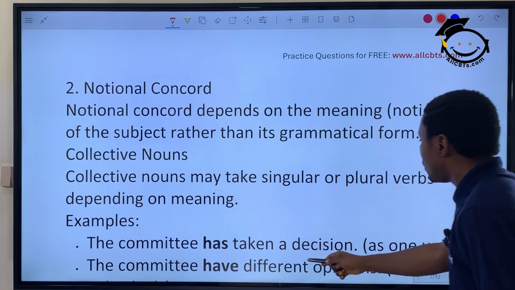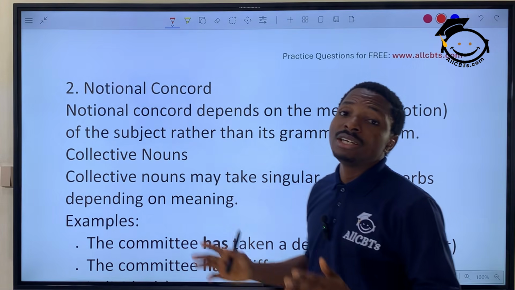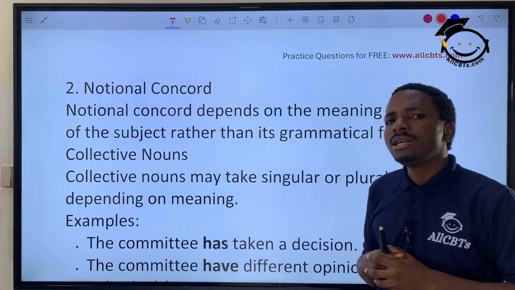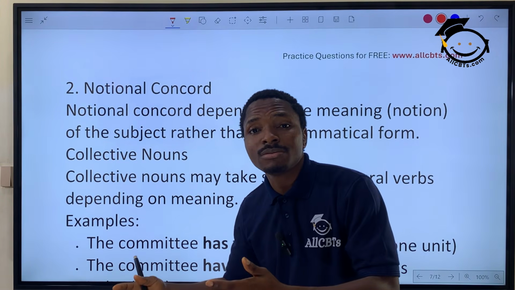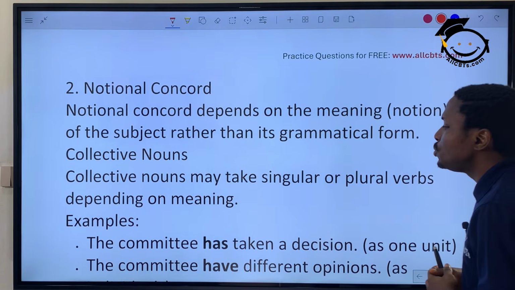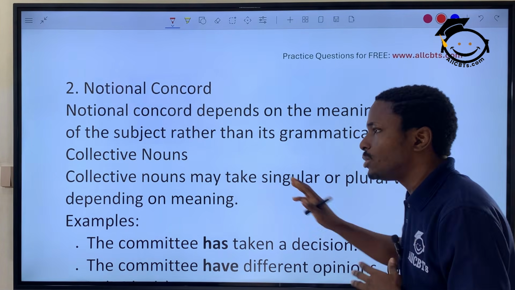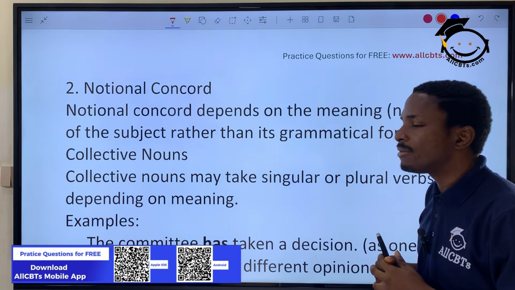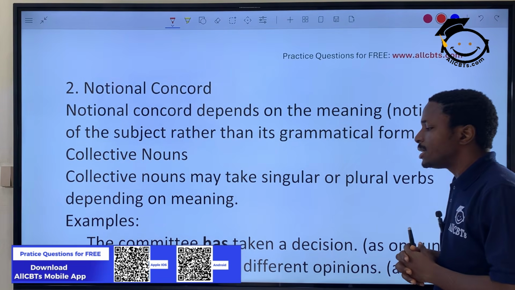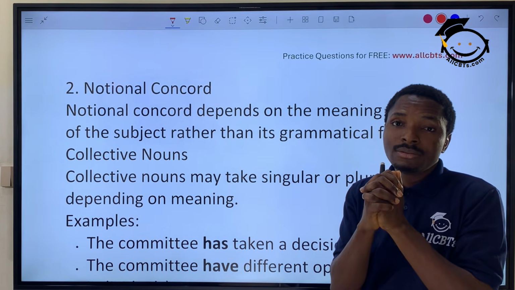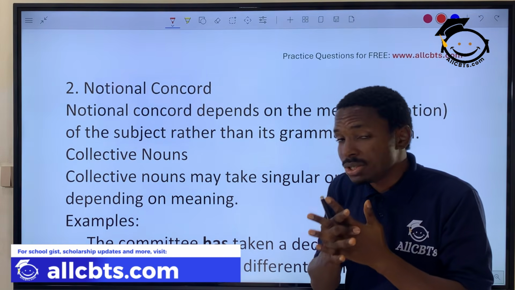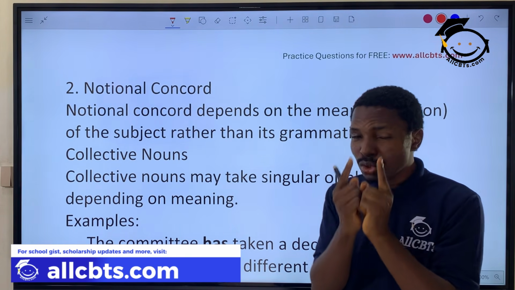You might have seen a movie where they say "the jurors have reached a decision." The jurors has reached, no, it won't work like that, it has to be "have." But with committee: "the committee has taken a decision" as one unit, or "the committee has reached a decision," because the committee is one unit.